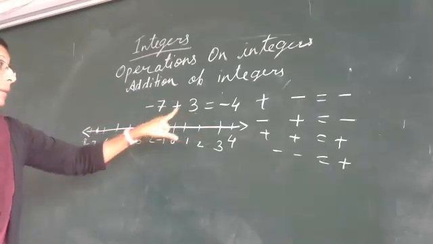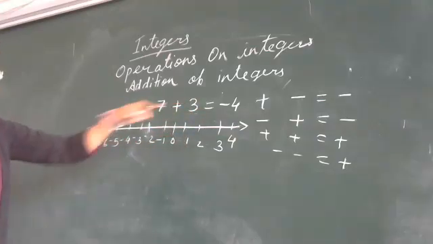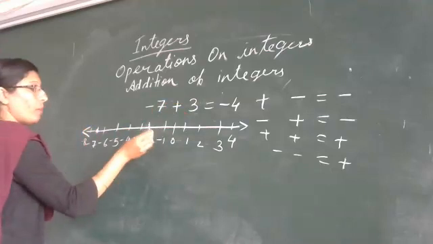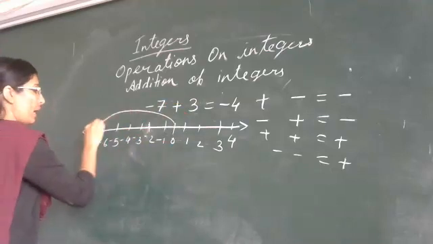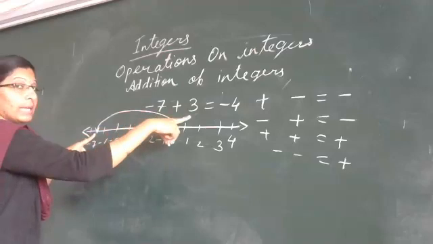So which side? +3 is addition, so it will go this side. From 0 to -7 and from -7 to +3.